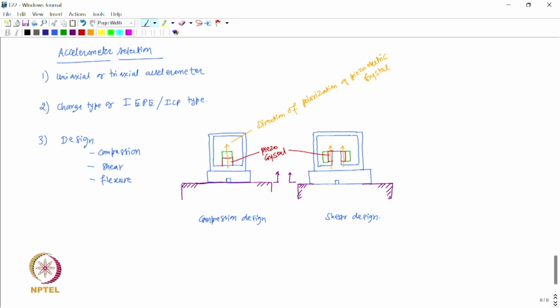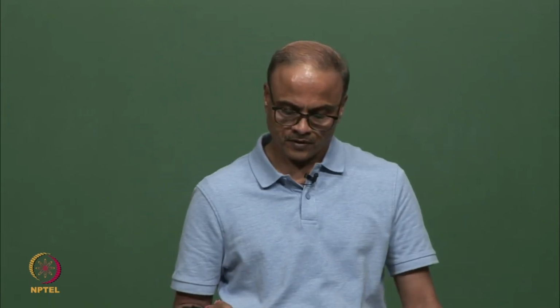In the compression design, there is a compressive load when the structure vibrates, and when the seismic mass shown by green color also displaces, then the piezoelectric crystal is subjected to a compressive deformation, right.